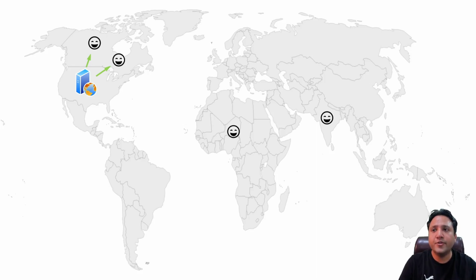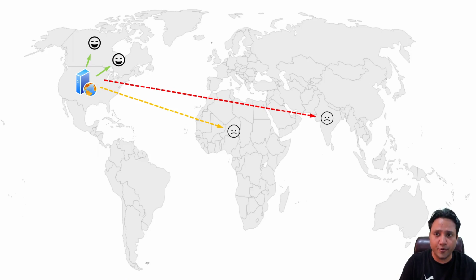On the other end, the users who reside in a different geographical location, when they are trying to access this website using the public internet, are facing a latency issue and the overall user experience for them is not good. To mitigate that, what most cloud providers do is they come with a solution called a content delivery network.